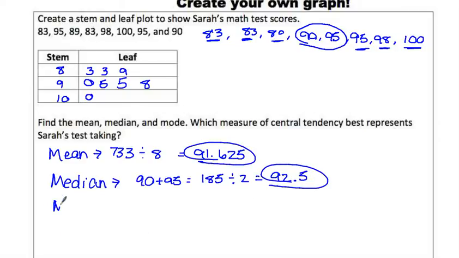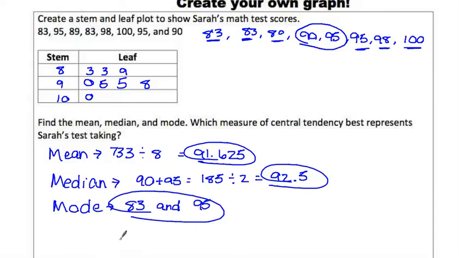And then the mode's the one you see the most. Well, which number do we have repeating? In this case, we actually have 2 modes. We have 83 and 95 because we have 2 83s and 2 95s. So there's actually 2 modes.